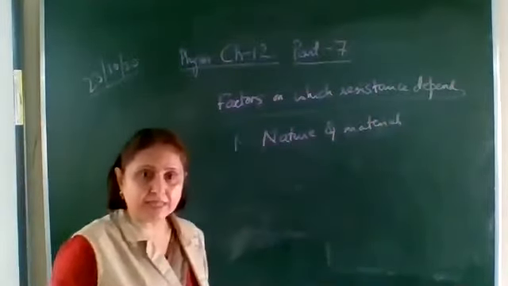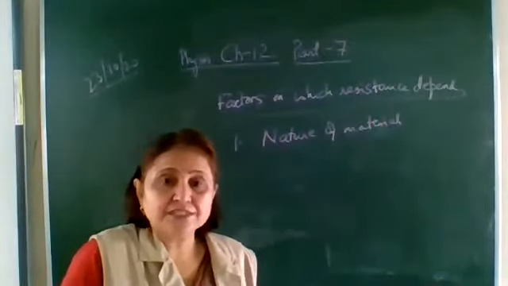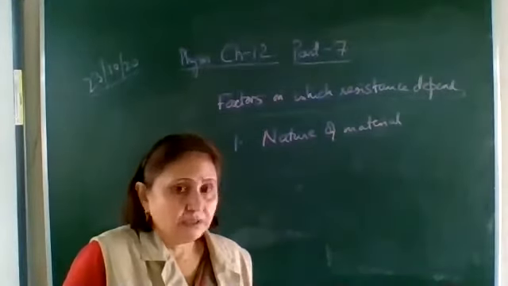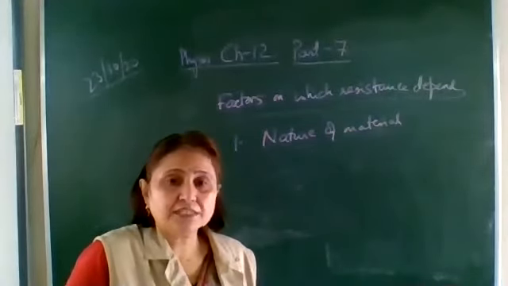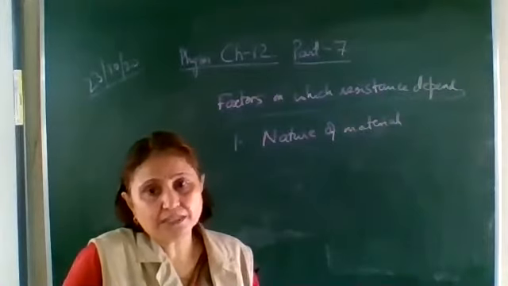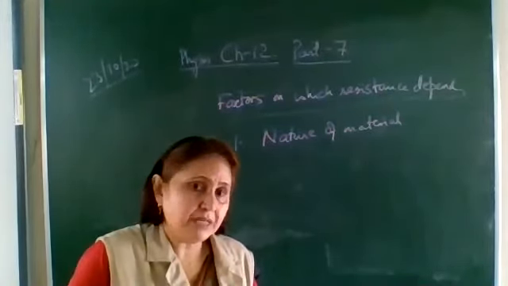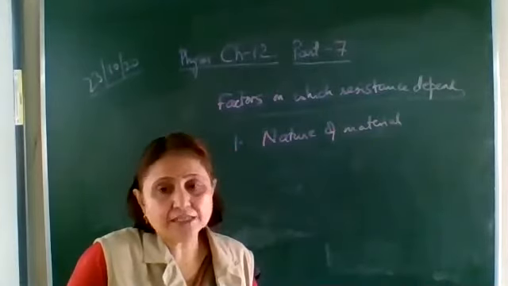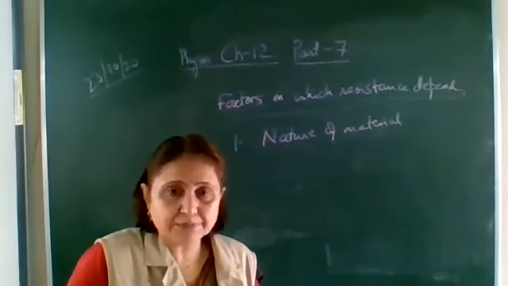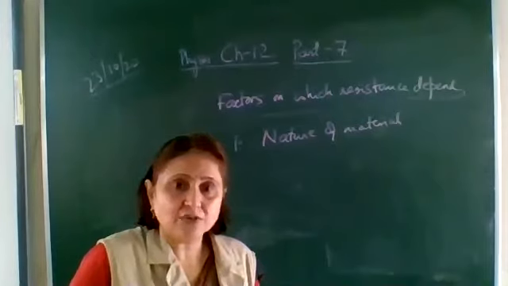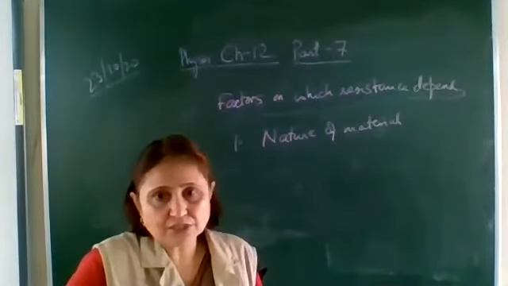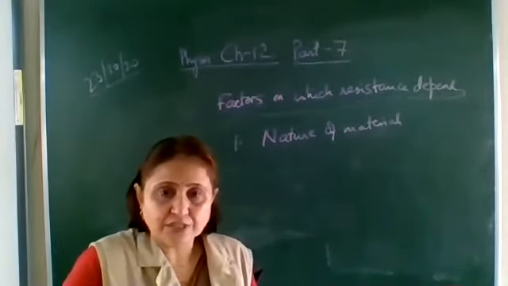For different conductors, the resistance will be different. Some materials have low resistance, some materials have high resistance. So it depends upon the nature of the material of the conductor, whether the wire is made up of copper, aluminium, iron, gold, or silver, all of which are good conductors of electricity.